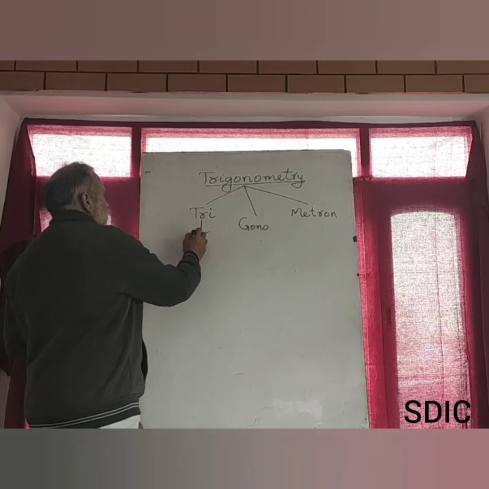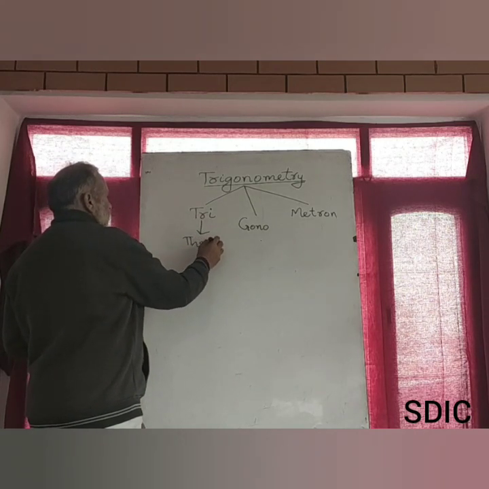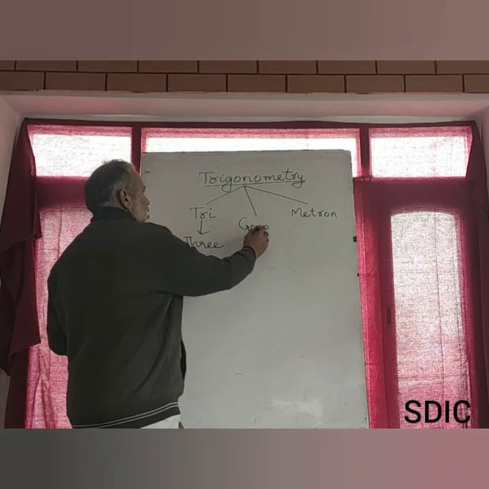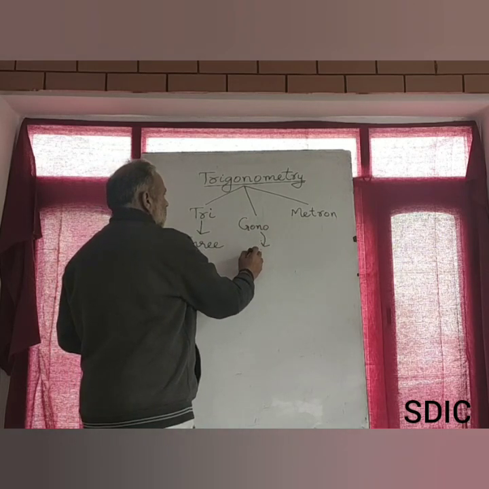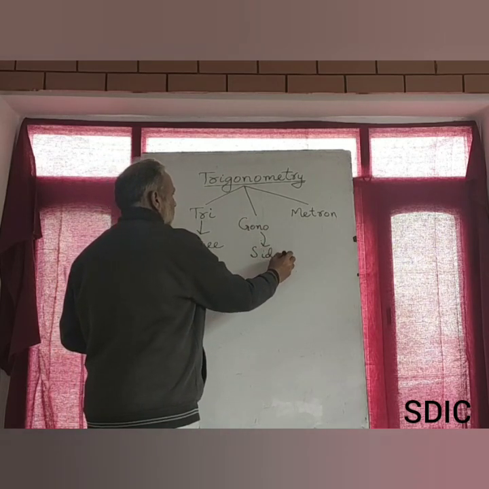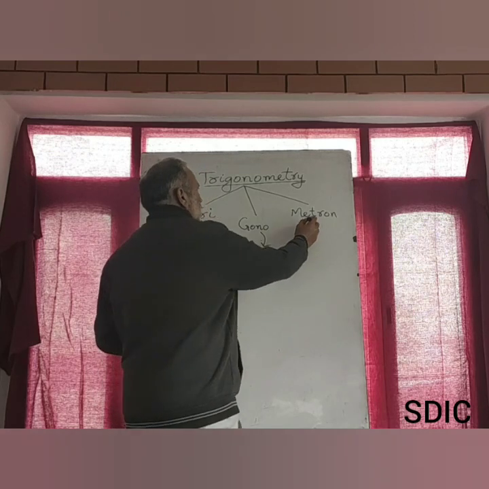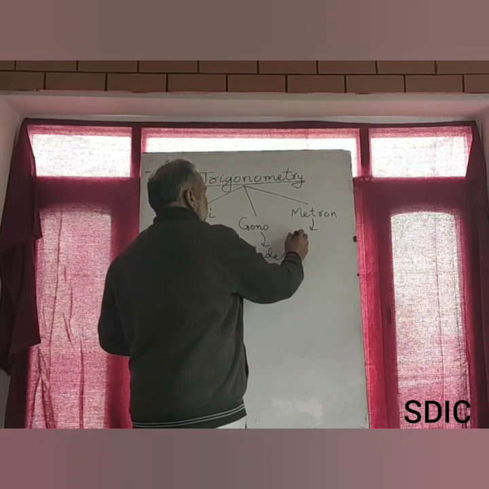Tri means three, gono means sides, metron means measurement.